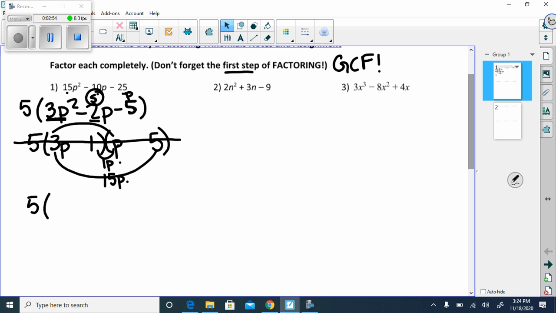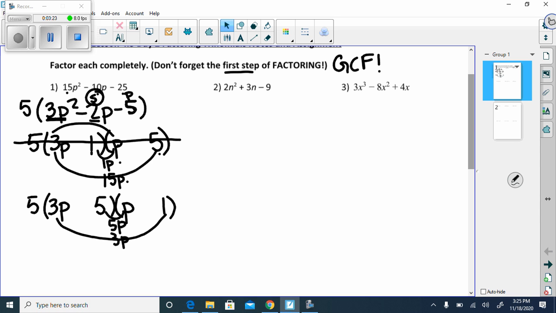We have that GCF of 5 out in front, and then we're going to make our two parentheses. We know we have to have 3p and p in the front. Now, it did not work when I had the 1 here and the 5 here, so we're going to switch their places and then check again. So if I multiply these two terms, I have 5p, and if I multiply the outside terms, I have 3p.